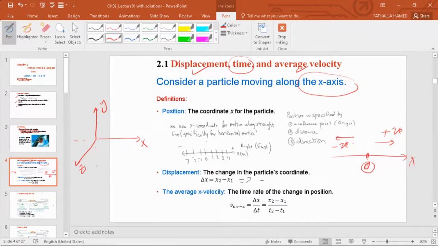So the position is, where are you located? Are you located here, located there? So that's what we call the x coordinate or the coordinate x. And this could be a positive value, it could be a negative value. Positive value, that means you are to the right. Negative value, that means you are to the left of the origin point. That's basically what the position is.